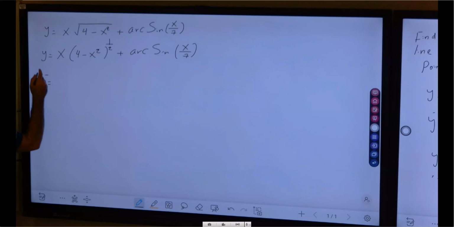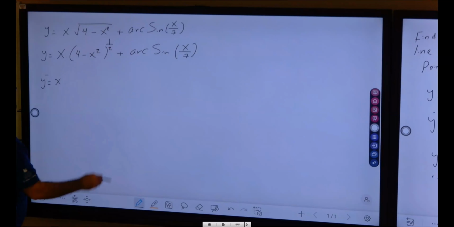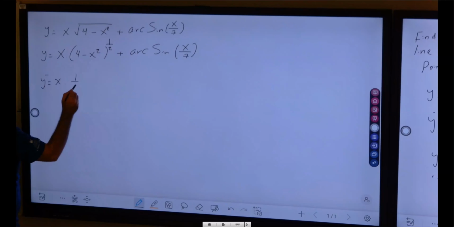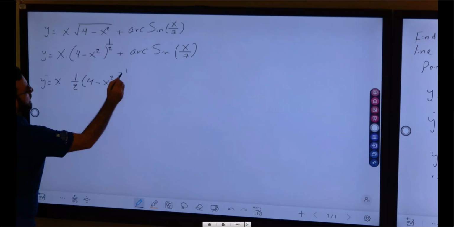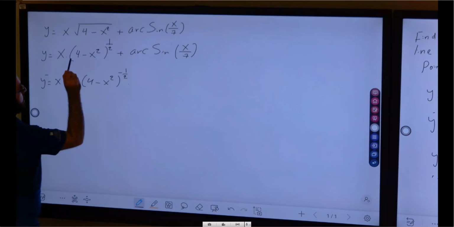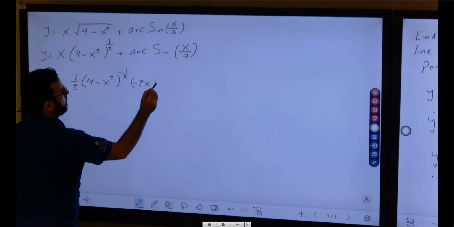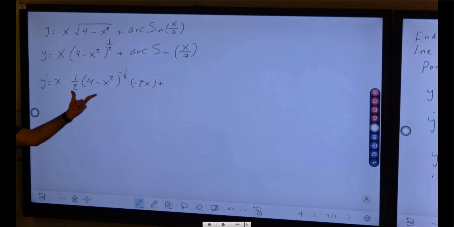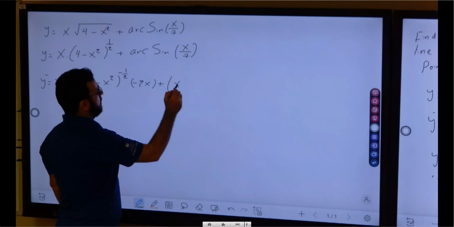The first one, it's the product rule, right? Oh, sorry, yes, the product rule. We have 1 over 7. So 1 times the half, 4 minus x squared to the negative half, times the derivative of the inside, negative 2x, plus the first one times the derivative of the second one, plus the second one times the derivative of the first one.